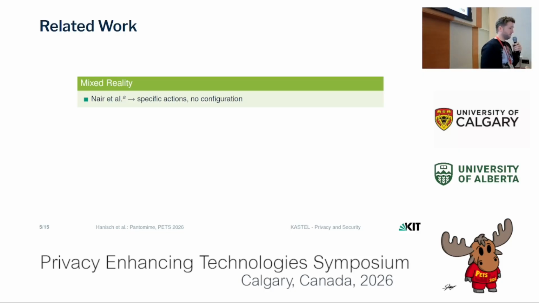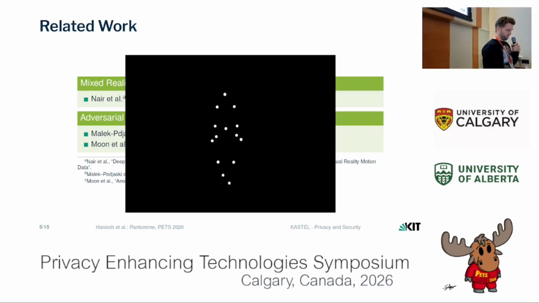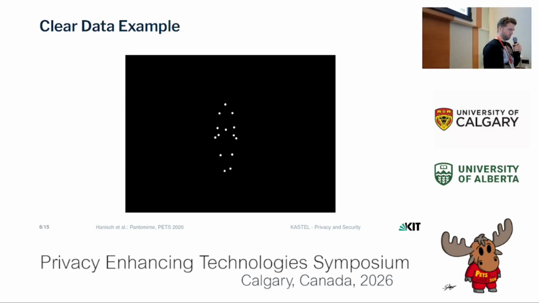There's some related work that already looked at this. For example, Nair et al. did an anonymization specifically for Beat Saber. Sadly, this only works for Beat Saber data and also requires a large amount of data to train.